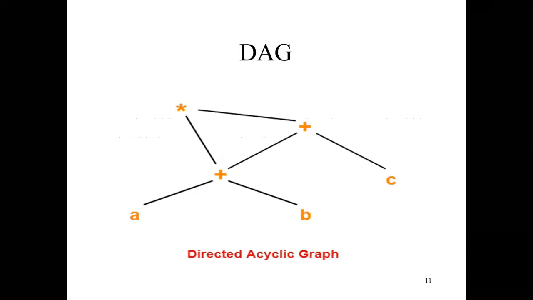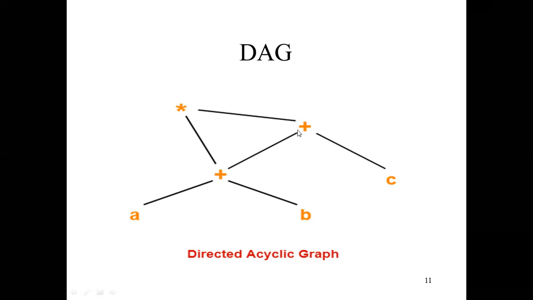Now you can see a plus b is common, and you are going to represent it only with this node. This is a node and these are the interior nodes. Now we are indicating with the operator symbol, and this node indicates the common sub expression, because we are using this a plus b again and again, with this and also with this sign.